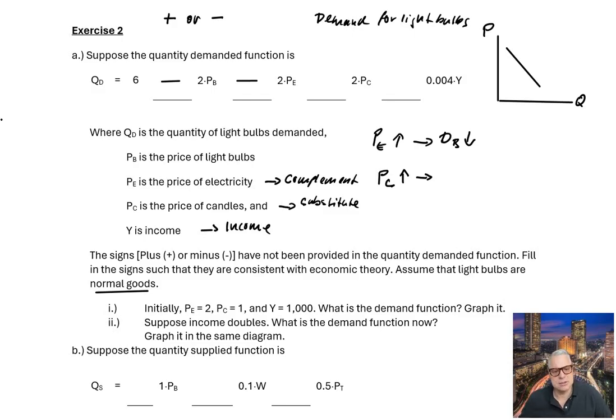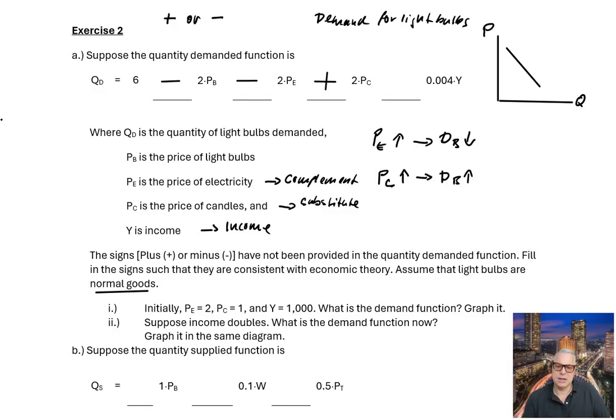So that means that the demand for light bulbs also goes up. So up, up, that's a positive relationship. So this sign has to be positive. And likewise, if the price for a candle went down and it becomes very cheap, well then you put up more candles in your home, which means that the demand for light bulbs goes down.